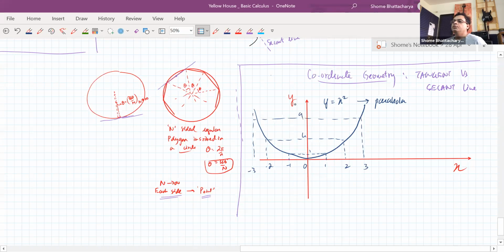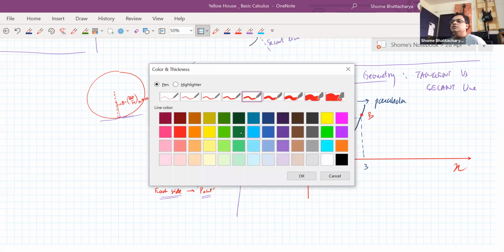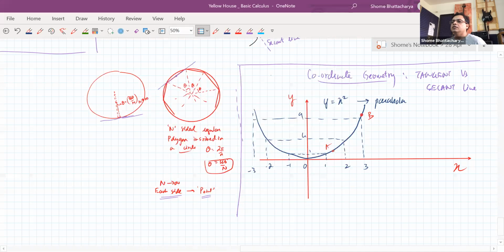Now for a parabola also, if we have two distinct points, let's say A and B, and we join them by a straight line, then such a line is called a secant line.